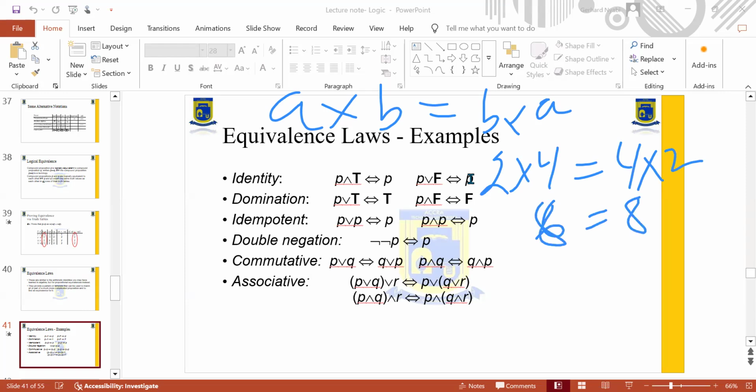Yes, sir. So when it comes to commutative and the equivalence, or and its converse will still give you the same thing. And its converse will also give you the same thing. You know that with the converse, you are just interchanging the positions, right?